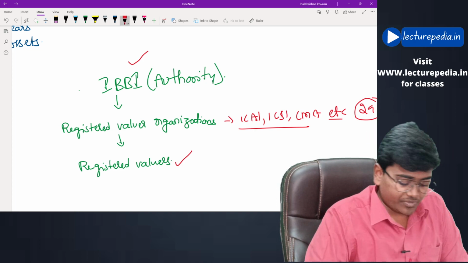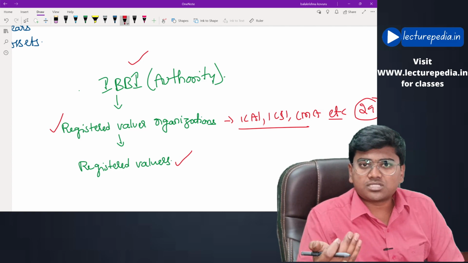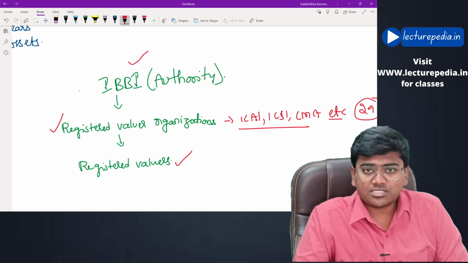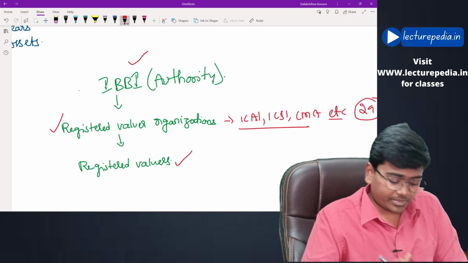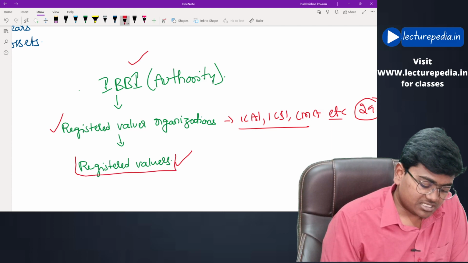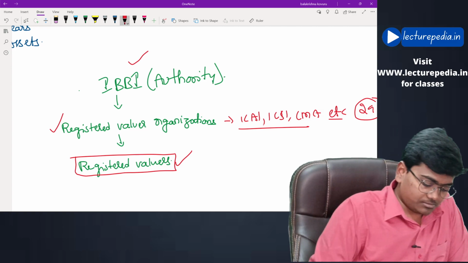Hope this is clear. These registered valuer organizations will conduct some valuation examinations, and once these examinations are qualified by the persons, they will be known as registered valuers. Hope this is clear. This is how the structure works.